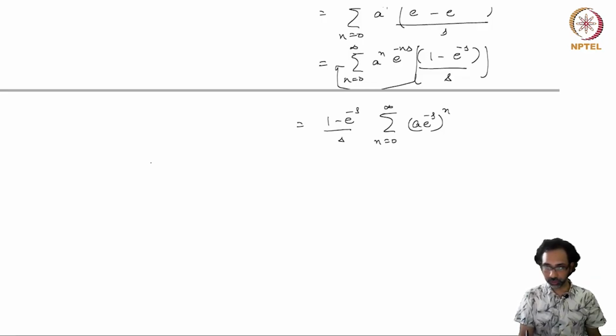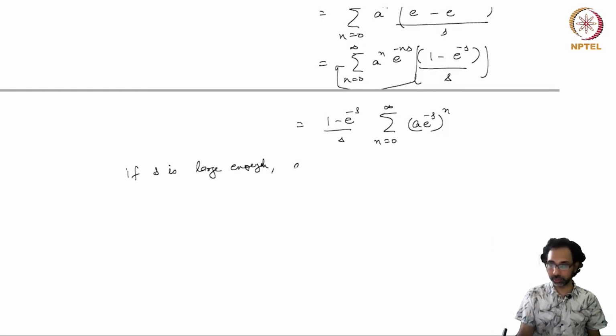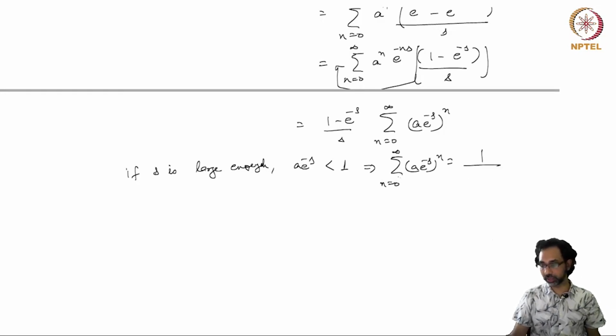So if s is large enough, a e to the power minus s will be strictly less than 1, which implies that one can use the summation formula for geometric series, which is the sum n equal to 0 to infinity of alpha to the power n, and the formula is 1 over 1 minus alpha.